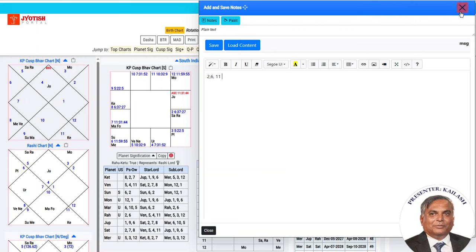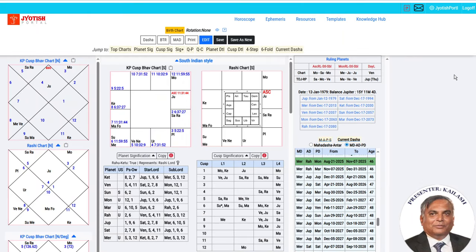So I was kind of surprised, and then I started exploring more, and I realized that the culprit was the way Rahu and Ketu or the nodes were calculated. See, on the Jotish portal, you have the option to compute the Rahu Ketu or the node's position as mean or as true.